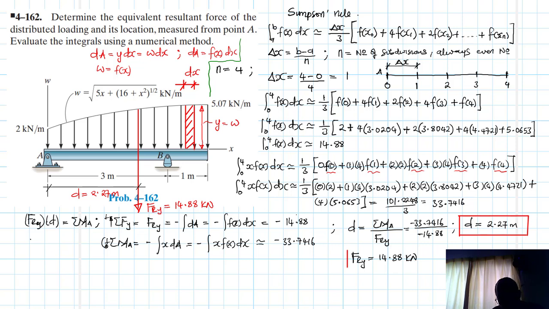So let me just also outline it like so. Great. Again, if we had used more subdivisions, the approximate solution could have converged to the true value, or the accuracy could have increased. We only used 4 subdivisions and we found an approximate solution of the resultant of 14.88 and the location being 2.27 meters.